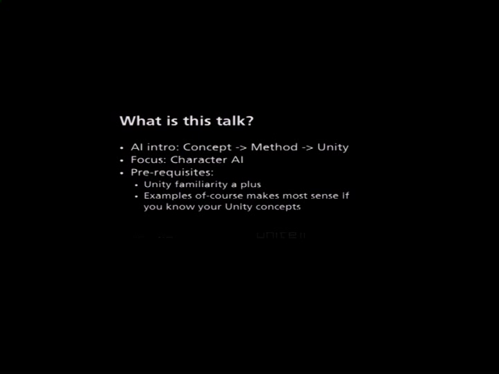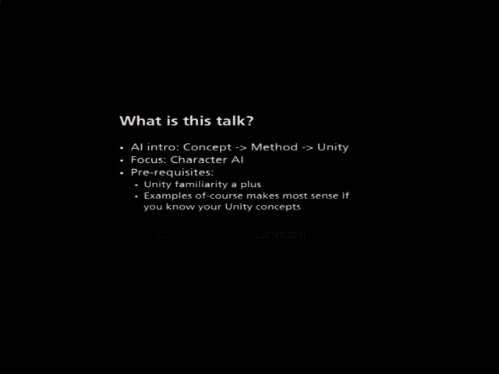This talk is supposed to be an intro from concept through method and then finally some code examples in Unity. It's meant to demystify the whole topic of AI. Well, maybe not the whole of it, but at least character AI.